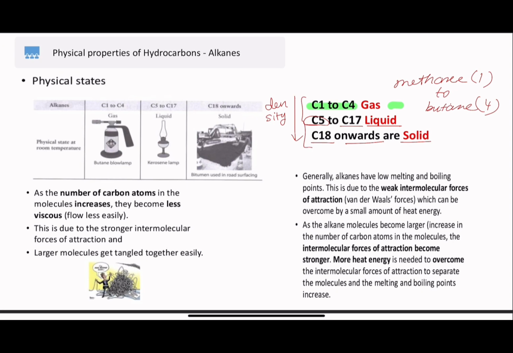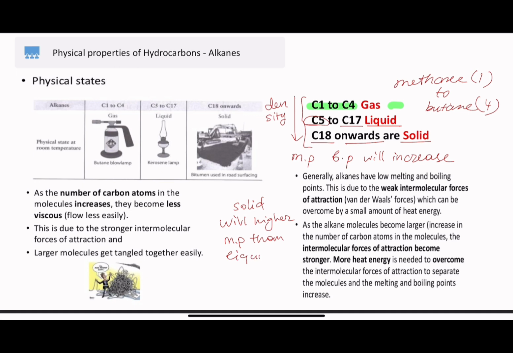As the density increases, you also know that the melting point and boiling point will increase as well, because solid will have a higher melting point than liquid, and liquid has a melting point and boiling point higher than gas.